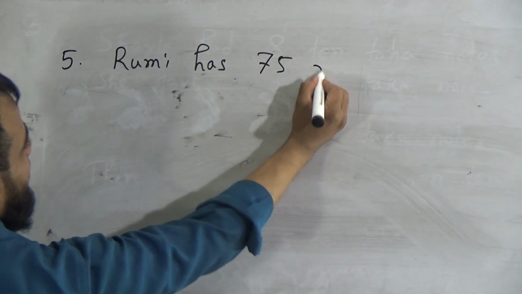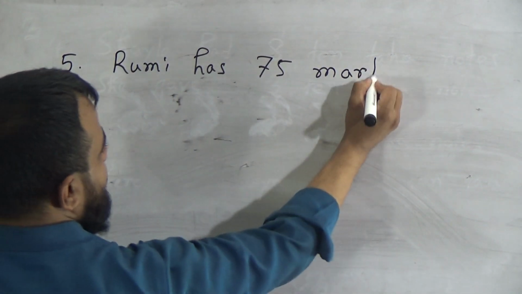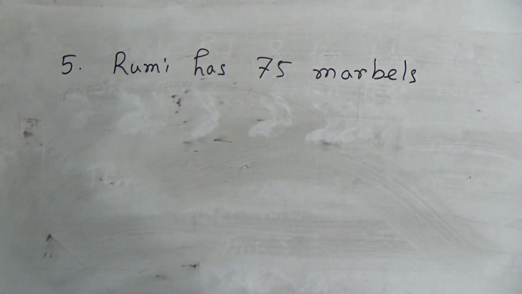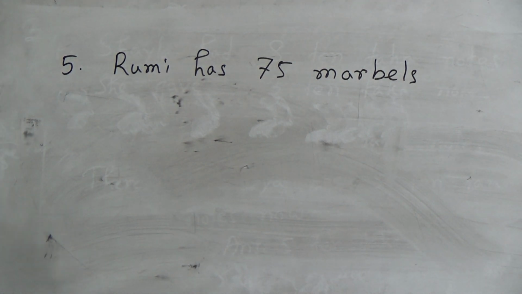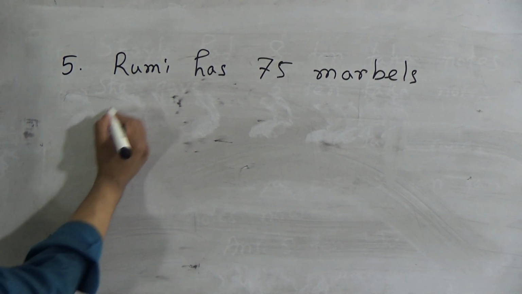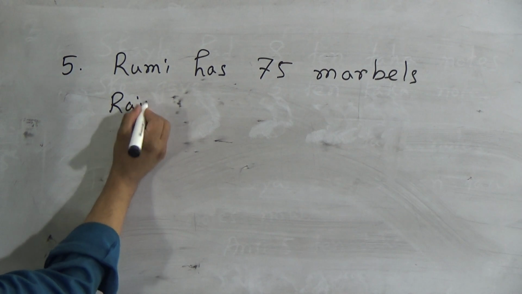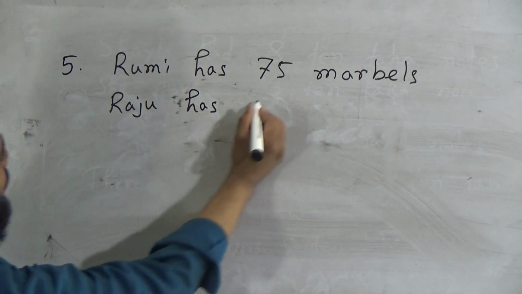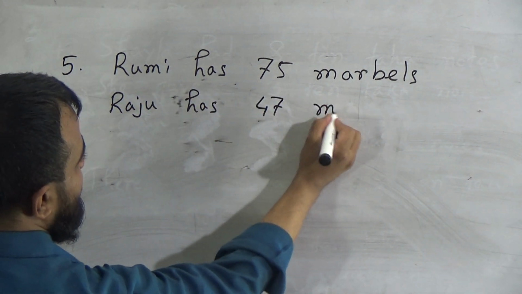Rumi has 75 marbles, and Raju has how many? Raju has 47 marbles.